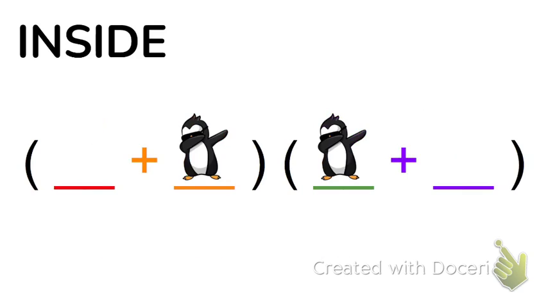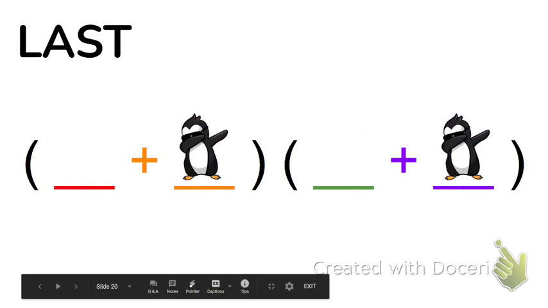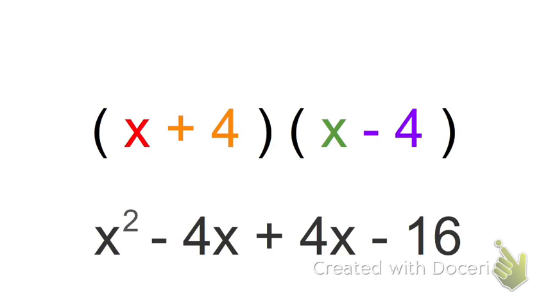The inside terms, 4 times x is positive 4x. And then the last terms in each set of parentheses: 4 times negative 4 is negative 16. The very last step again is to combine your like terms. In this case, we have a negative 4x and a positive 4x.